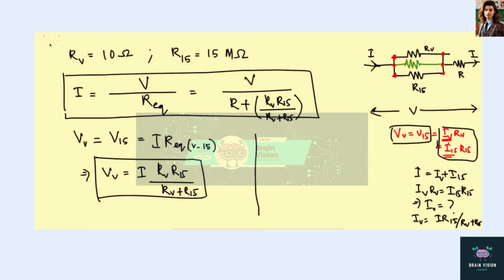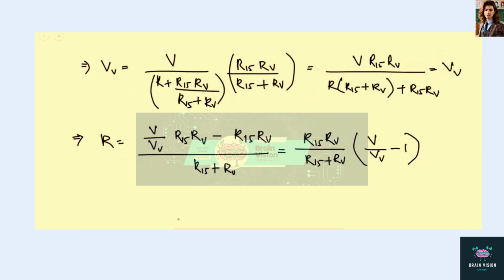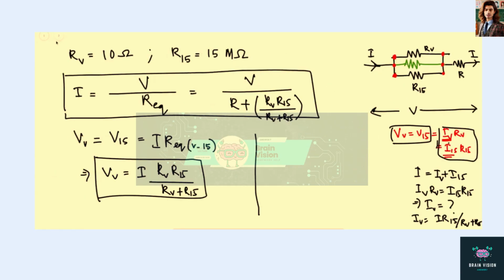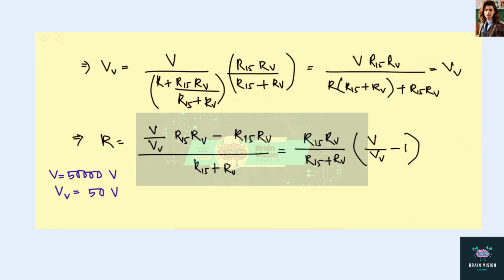Now we can plug in all the values that we have. Let me just write those again. So we have V equal to 50,000 volt, VV equal to 50 volts. I missed a mega ohm here, sorry about that.